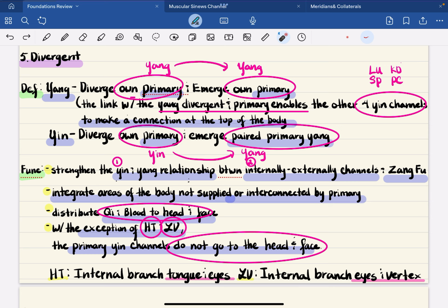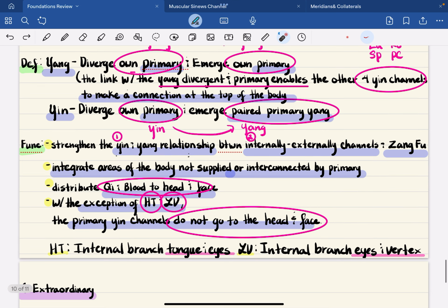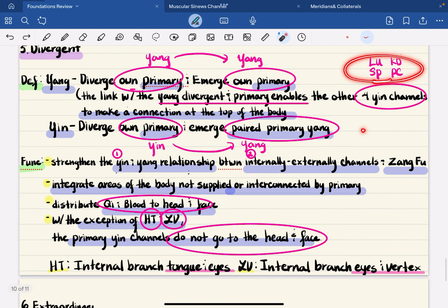Yang is more tense, associated with rising, and yin is deeper, like the water. So it's helping to get the yin energy up by riding on the turtle yang. That's how I think about it.